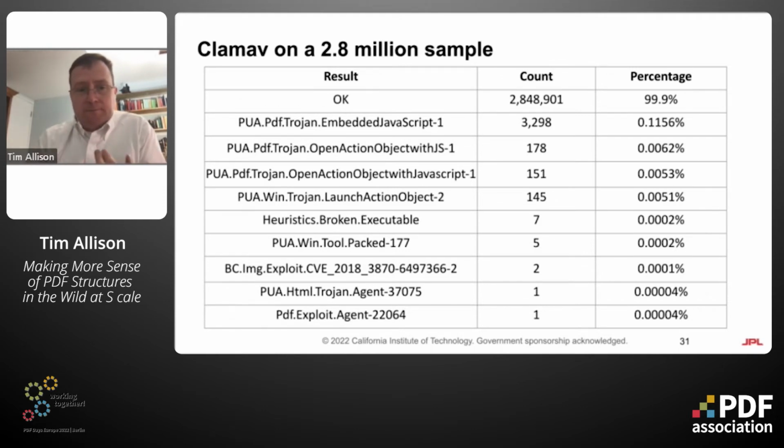So that's what we found with ClamAV. We're considering working with VirusTotal, perhaps, dumping the 8 million files there, seeing what kind of hits we get from them, because they run a huge number of virus scanners on their data. But this is what we did so far for virus scanning.